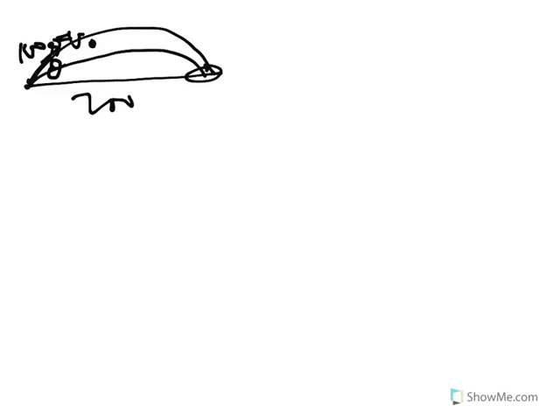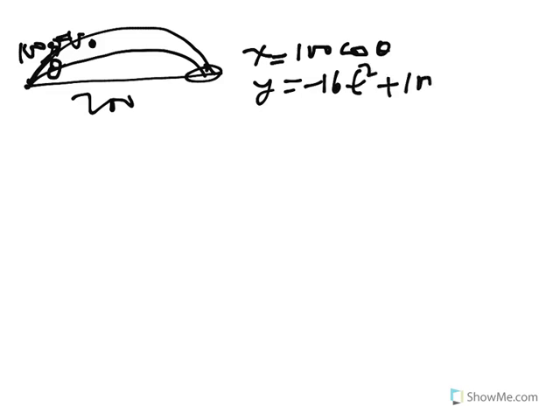So our equations are x equals 100 cosine theta t and y equals negative 16 t squared plus 100 sine theta t plus 0. It starts on ground level. So those are our two equations.